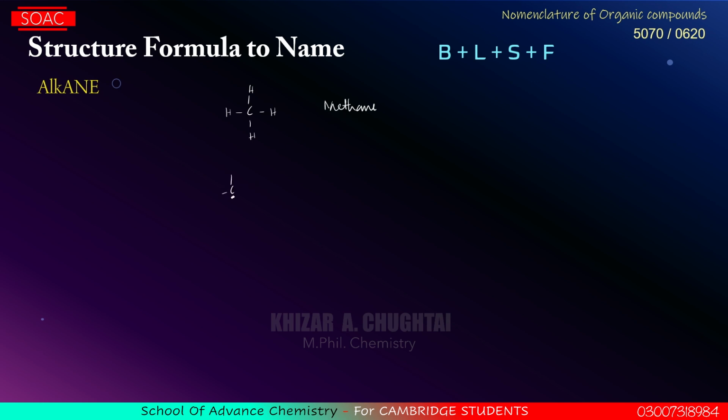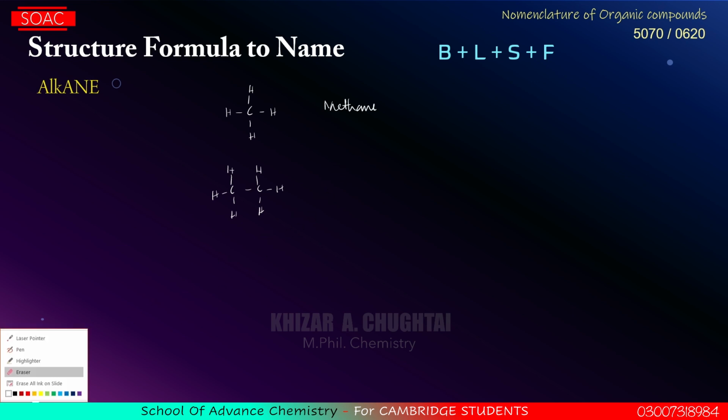Two carbon alkane, that is having two carbon and six hydrogen, C2H6. Two carbon names start from eth, and here is the carbon-carbon single bond, ethane.